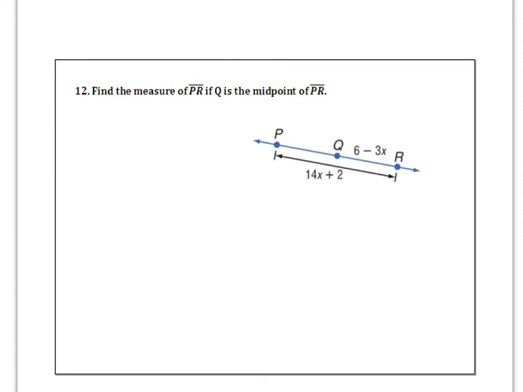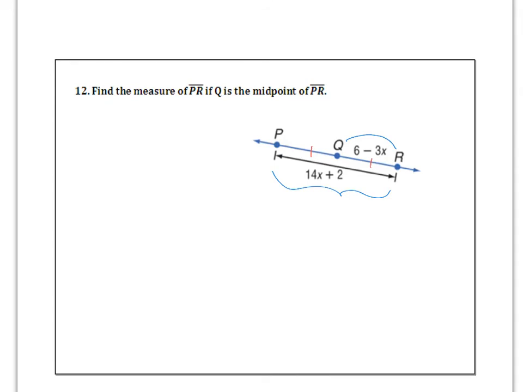Do you think QR is congruent to PR? No way, right? So it says find the measure of PR. So we want to find the measure of the segment from P to R. And Q is the midpoint of PR. So Q is in the middle. That means this side and this side are the same length.